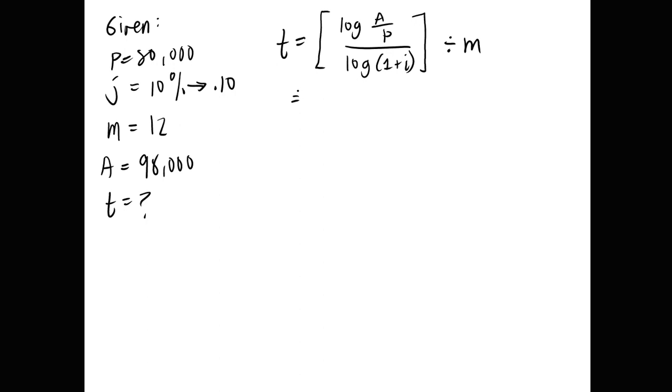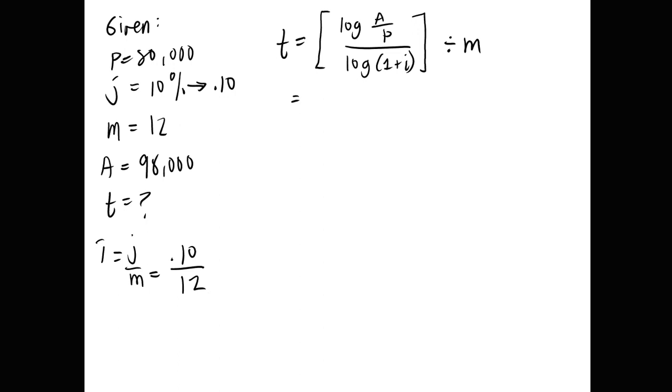Okay. So, let's see kung lahat na ba nasa given bago tayo mag-substitute. Ayan, may A tayo, may P, may m, pero wala tayong i, which is the periodic interest rate. So, since wala po tayong i, solve muna natin si i. So, again, formula, J divided by m. Our J is given, 0.10. And then, our m, we have 12.